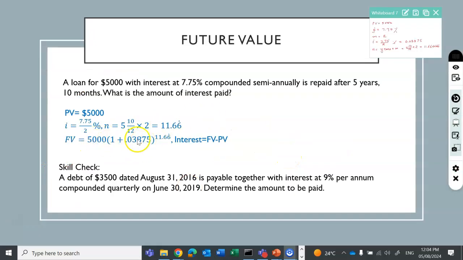So substituting in the formula, you will get the future value here: PV(1 + i)^n. We can see the calculation in the calculator.